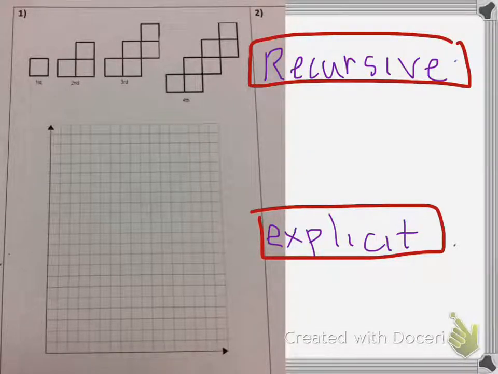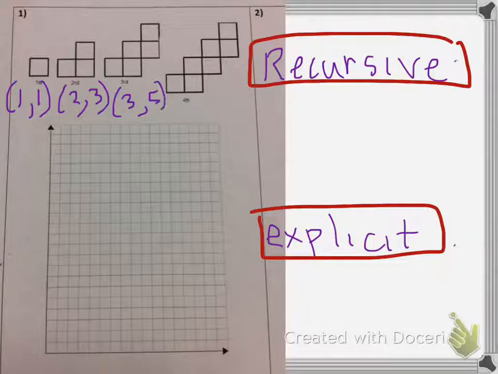The very first thing I want to do is write out some ordered pairs that I know. My first term has one box. My second term has 3 boxes. My third term has 5 boxes.